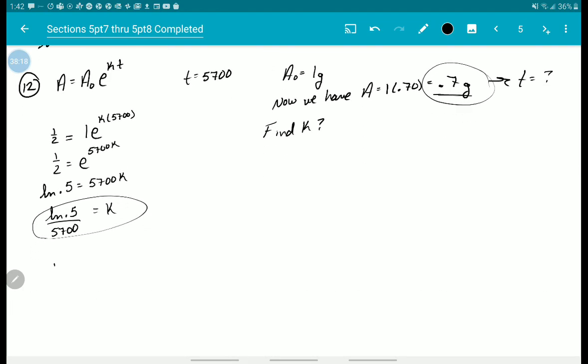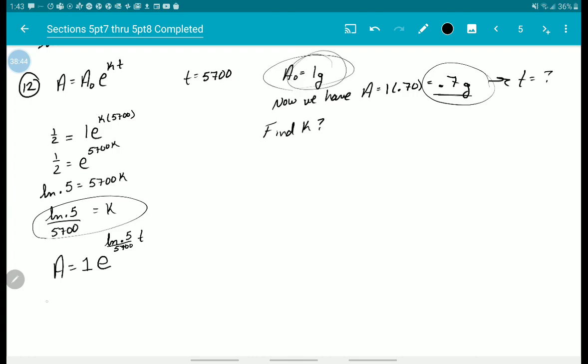So here's what we have. We said in the beginning we had 1 gram. I'm going to use a 1 there. We could use a generic amount or any amount. Our decay rate is the ln of 0.5 divided by 5,700. And then t. Now, we are looking at 70% of this amount left.